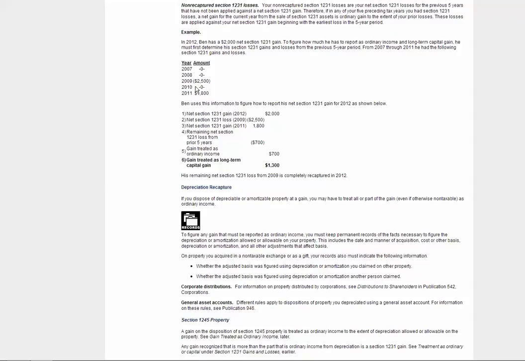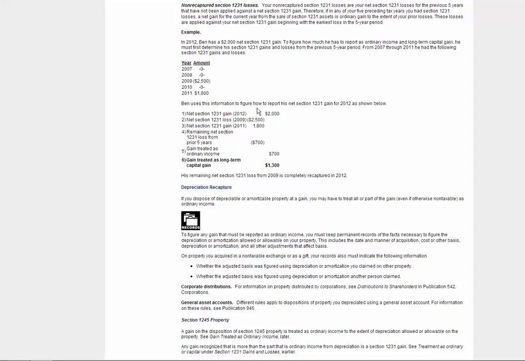In 2009, he had a minus 2,500. In 2011, he had a positive 1,800. So, really, if we were going to make this example really easy, we just net the two of these together, and we have our $700 loss. So what we really have is a non-recaptured Section 1231 loss of $700 for the past 5 years.